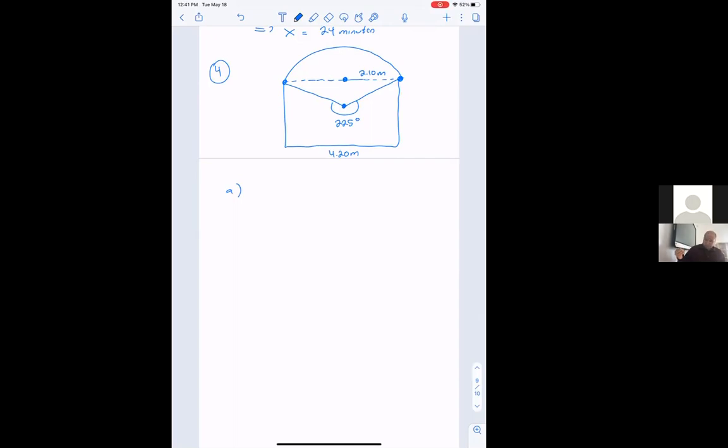And they want it to the nearest centimeter, so 2.10 meters is 210 centimeters. And then they want the length of the arc to the nearest centimeter. Well, the angle of the arc is 180 degrees. I have no idea what's going on here. What is that 225 degrees in the bottom doing?